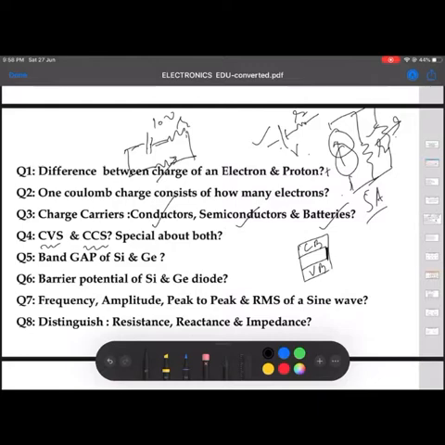This value decides whether you are able to transit the electron from the valence band to the conduction band, because only once the electron comes to the conduction band is there conduction. This gap is almost 1.4 electron volt in case of silicon, and something like 0.6 for germanium. The values vary from reference to reference, but it is something like this.